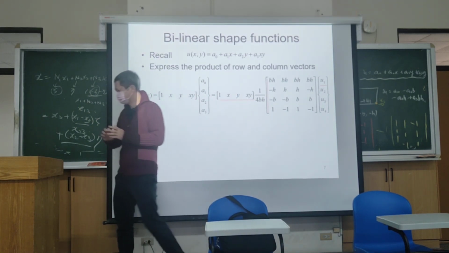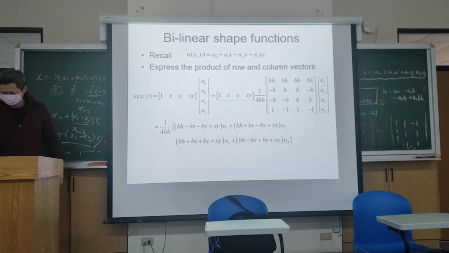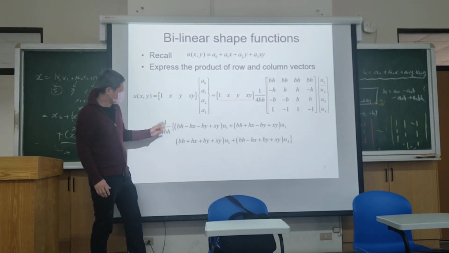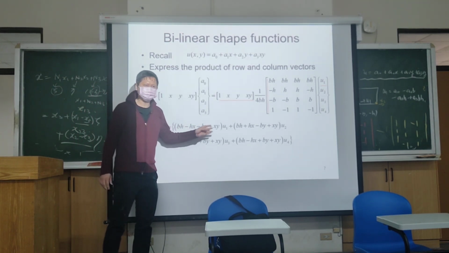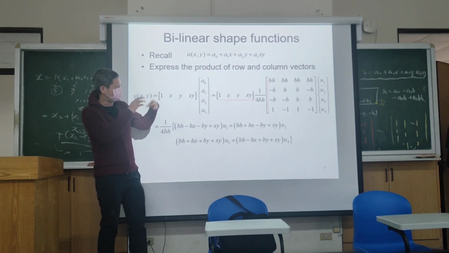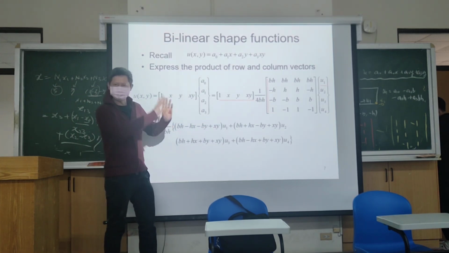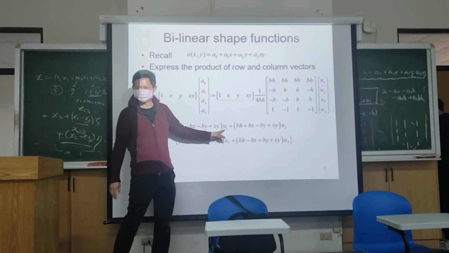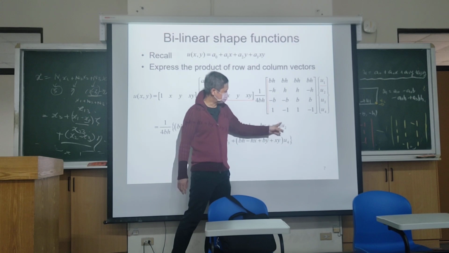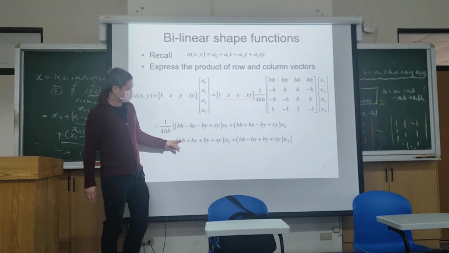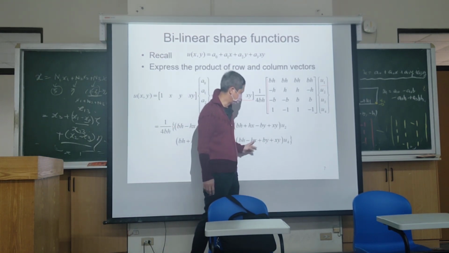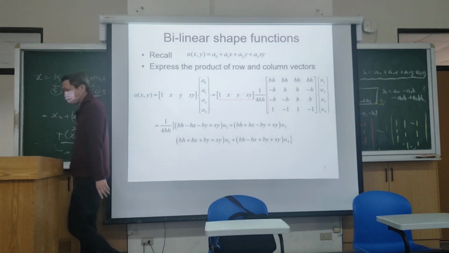Okay, in that way, if you do the expansion, you're going to have these interesting expressions, but now we group the coefficients by nodal displacement. So rather than arbitrary grouping, we now group whichever is associated with nodal displacement 1 as one group. And the second group is associated with nodal displacement 2. And then the third group of the coefficients is associated with nodal displacement 3. And then the fourth group is associated with nodal displacement 4.